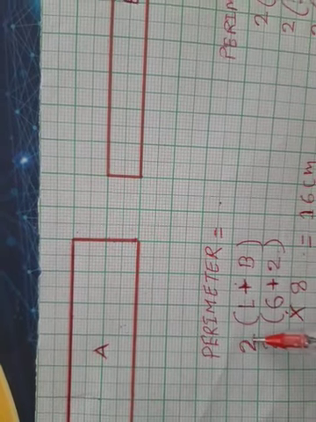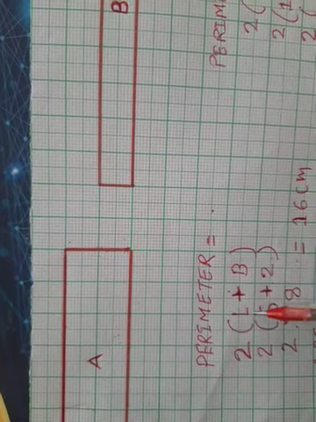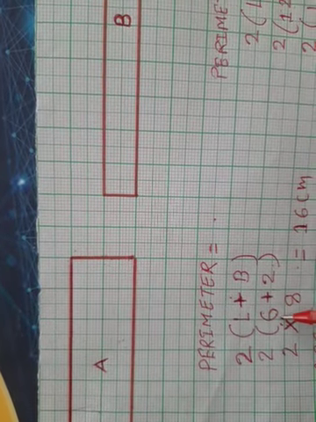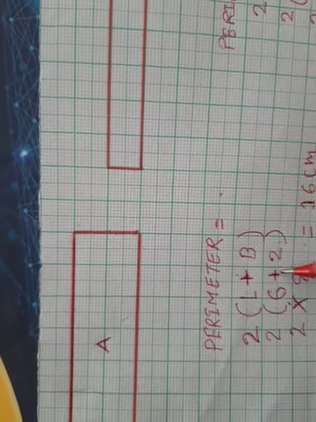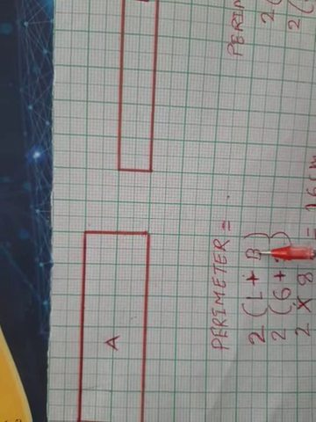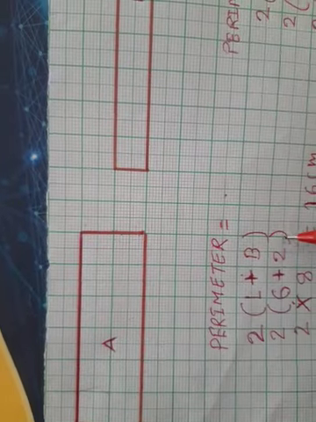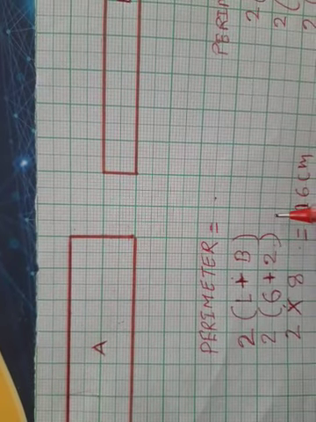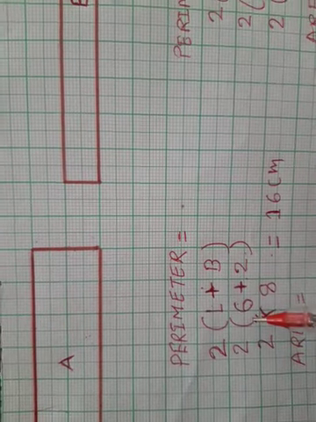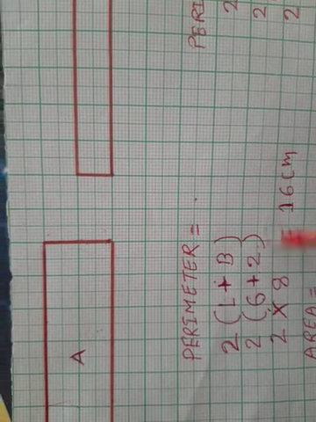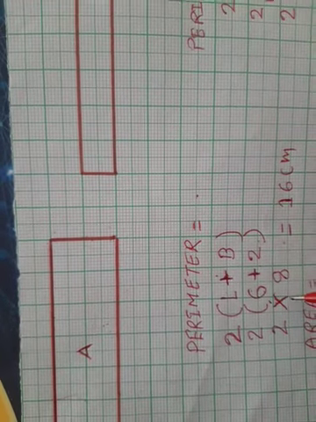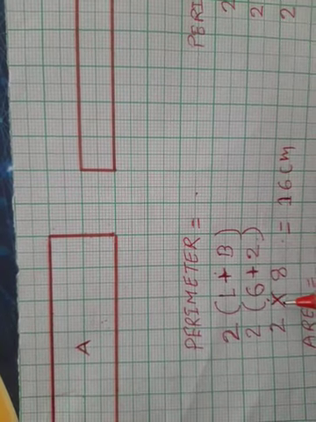So 2, bracket, 6 in place of length and plus 2 in place of B, which is breadth, and bracket close. We know that after opening the bracket, the bracket changes into multiplication.